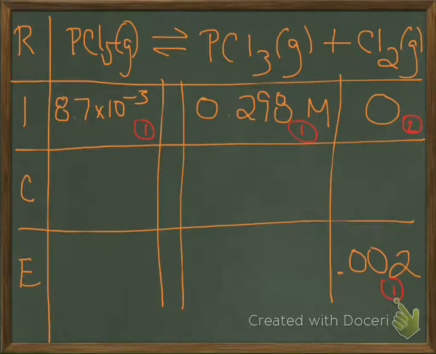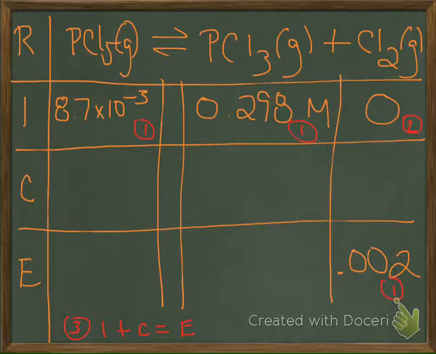If you look at the third part that I had mentioned, the third part said that I plus C equals E. Alright, so then if I and C equal E, then 0 plus this value here must equal 0.002.